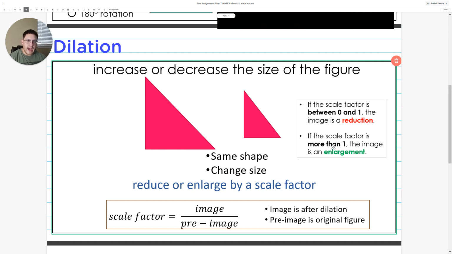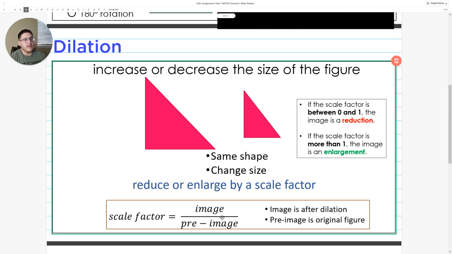However, how do we calculate the scale factor? Well, there's some measurements that you're going to have to take. First off, you need to know what the measurement of the pre-image is, whatever side, doesn't matter. And then using that same side, you need to figure out what the measurement is of the image, what you're turning it into.